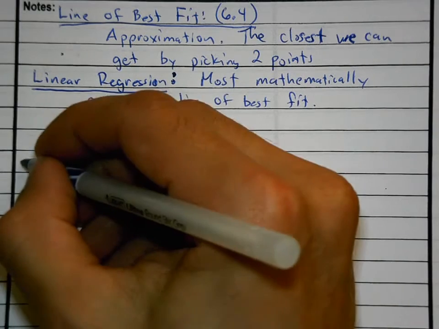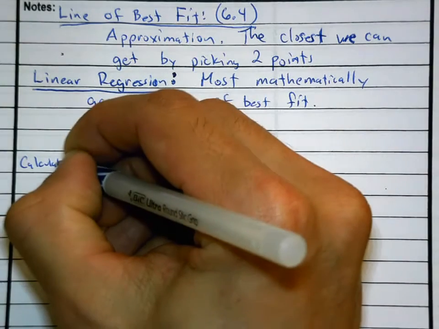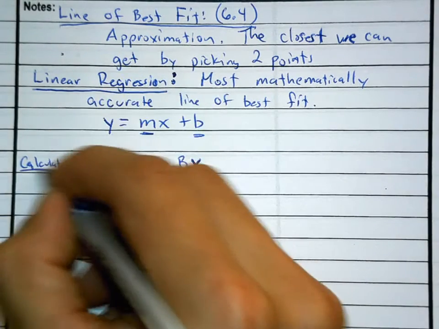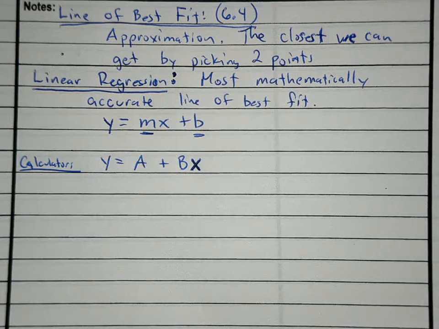And I'm going to put calculators right here, because I'm going to show you how to do this on the calculators we have in this classroom. If you have a different model of calculator, I may not be able to help you because I only know the Casio model that I have in here, and that's the reason why I recommend it on your syllabus to use this calculator, because I'm only going to show you with the calculator that I have.